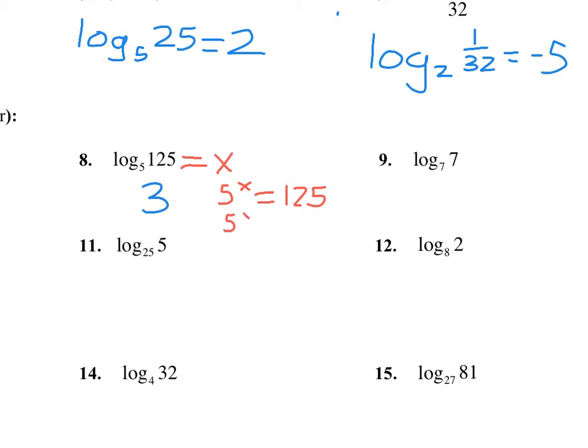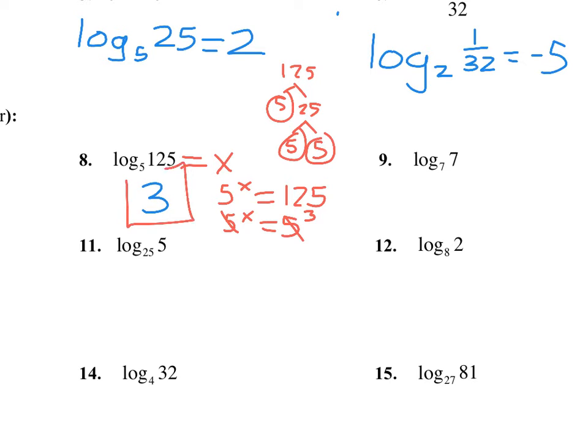We make the bases the same. If I do a tree on 125, I get 5 and 25, 5 and 5. So it's 5 cubed. Now I get rid of the bases, and I can see that x equals 3, which is what we got earlier.